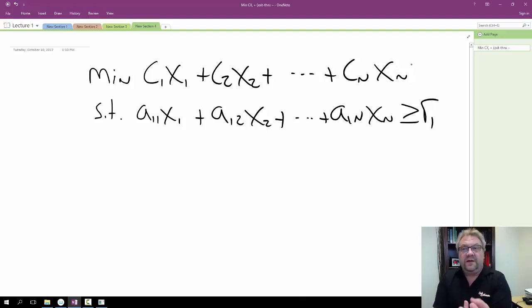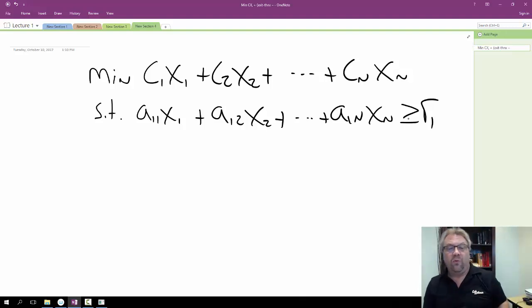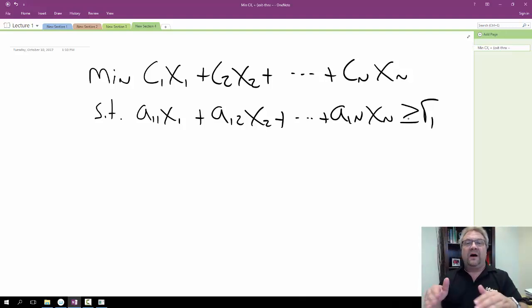If I don't produce anything, then I have truly minimized my costs, right? And so that's why these constraints need to be greater than or equal to something, because I need you to produce something, right? Ultimately, what I want is the minimum cost given that I'm actually going to produce something, okay? And so hence, these are all greater than or equal to.